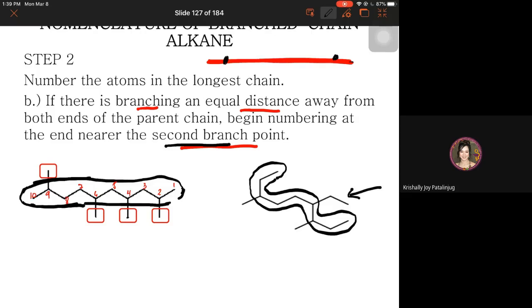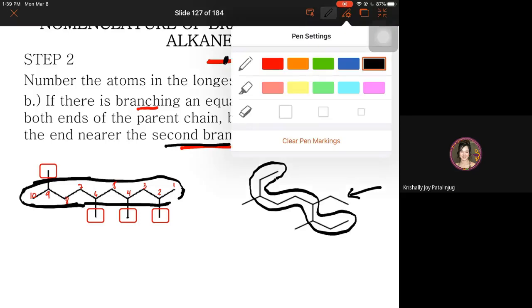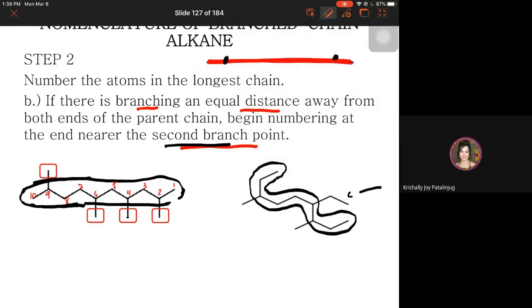Hindi siya yung magiging longest chain, no? That would be the longest one. Okay? So how many carbons sa chain? 1, 2, 3, 4, 5, 6, 7, 8, 9. Nonane. So this is nonane.